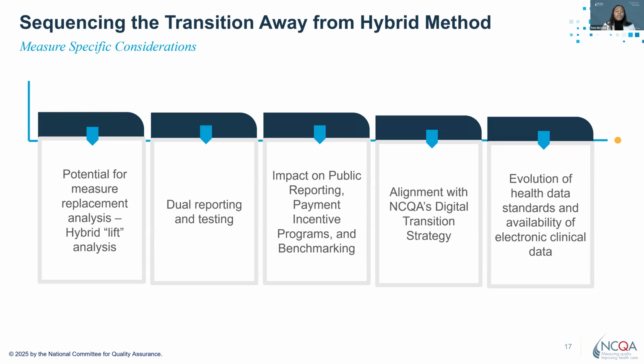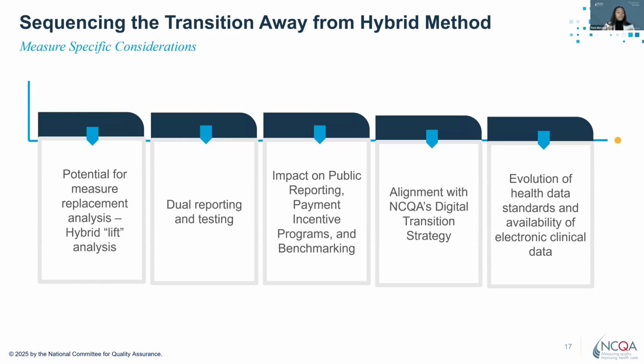We also looked at and considered the dual reporting, and dual reporting is really looking at reporting using both methods, the traditional method and the ECDS method at the same time in the same measurement year, and literally looking at what we see in performance through testing, also reporting, and using that as a way to also indicate feasibility of transitioning the measures.